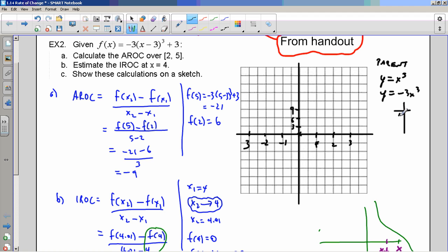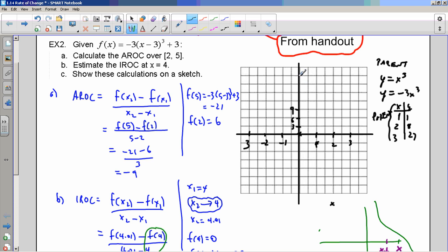The normal values are 1, 1, 2, 8, 3. This is the parent. 3 would be 27. I'm not going to get that one on there, I don't think, because when this gets stretched by a factor of 3, the next point is going to be not at 8, but at 24. And can I fit 24 on there? Not quite. Down here somewhere.